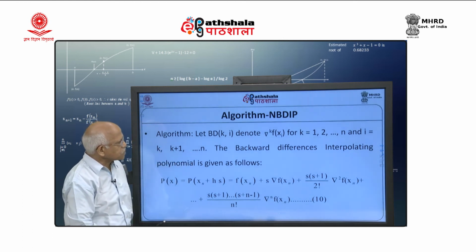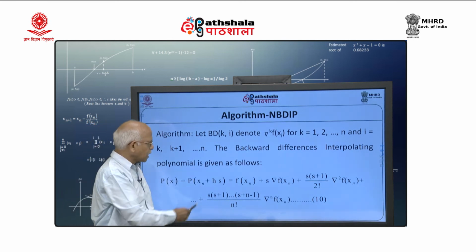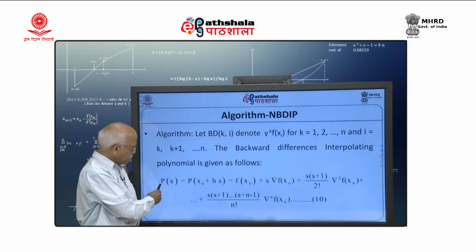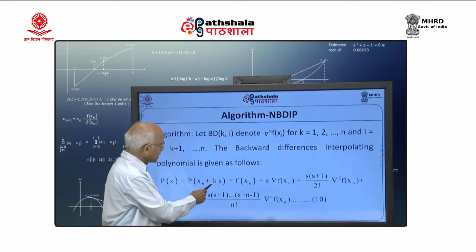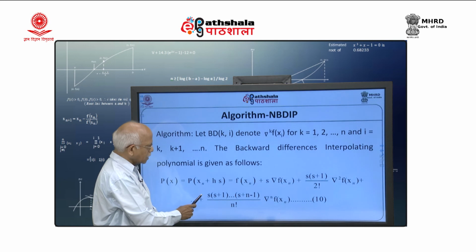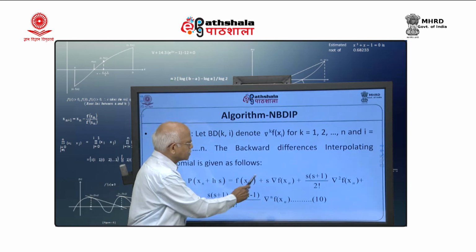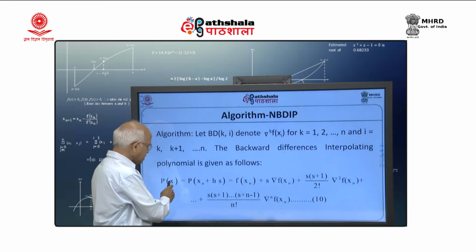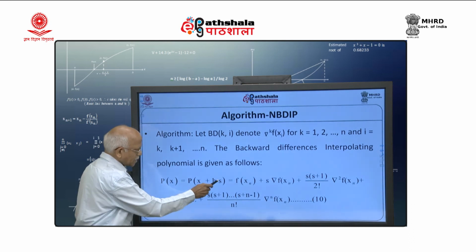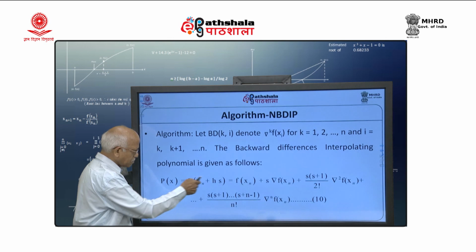The backward difference interpolating polynomial is given as follows. It is given by p x equal to x n plus h s, where s is nothing but x minus x n by h. So, this is your x. So, s will be equal to x minus x n by h.